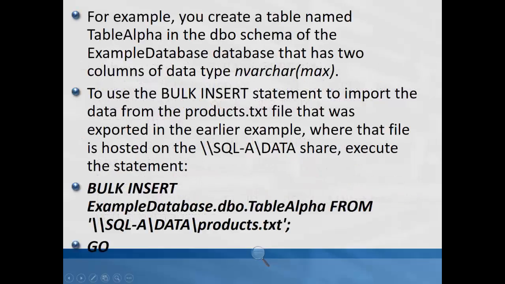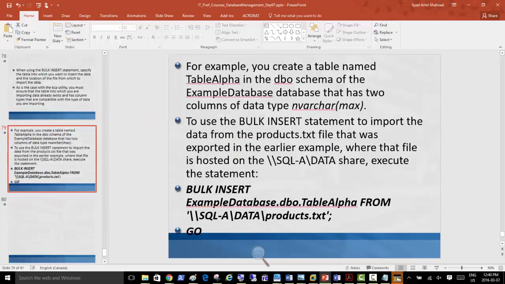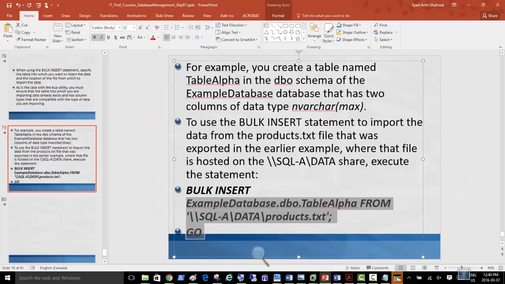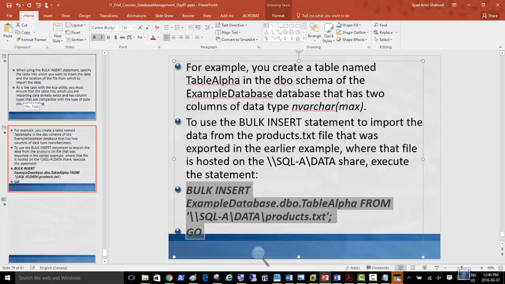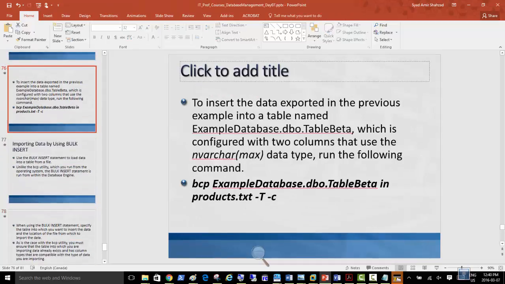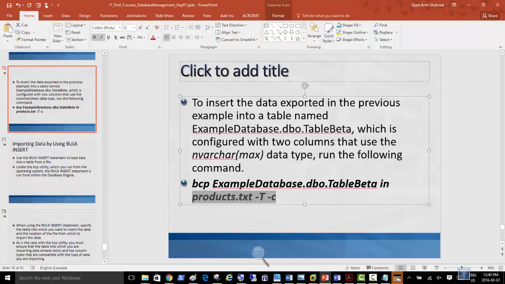This is the query where the path is specified over a network on another server, and we can try to import data. So this is one query that we can try, and then there's another query here. Let me go back to the previous query, where locally it can import products.txt. Instead I put the path there for products.csv.